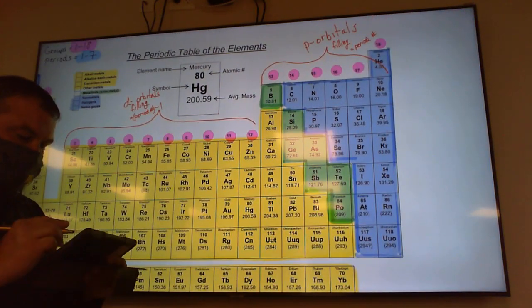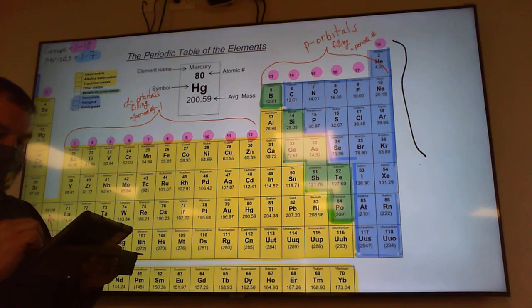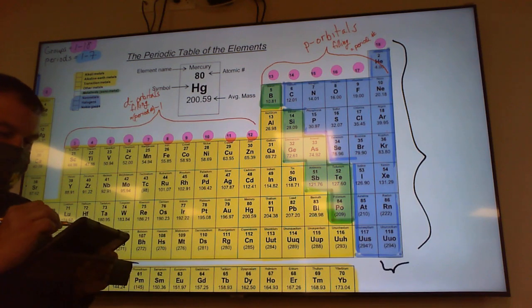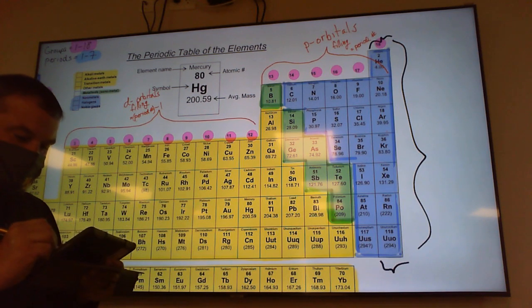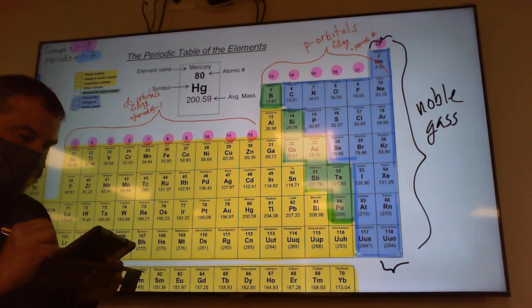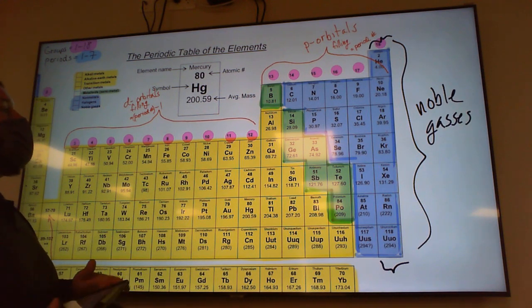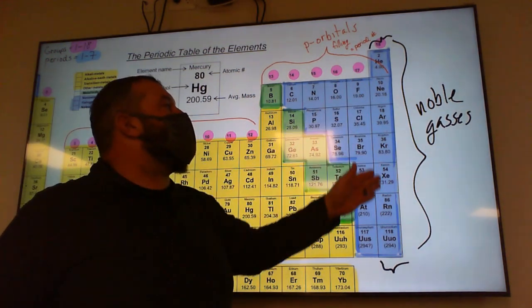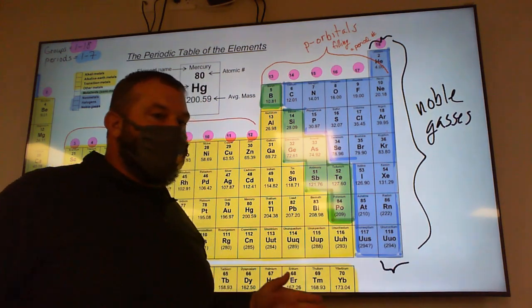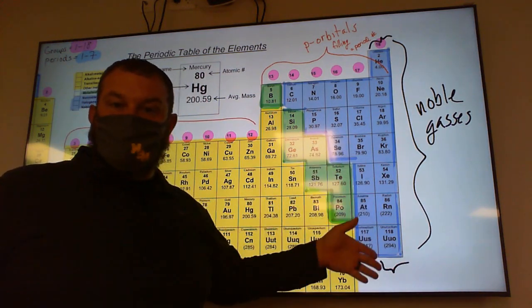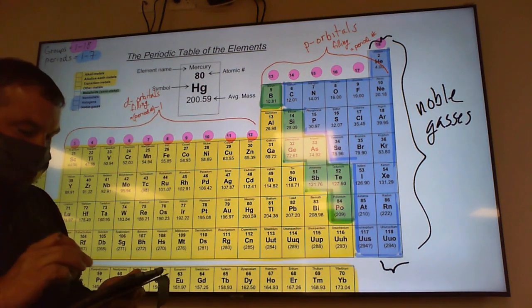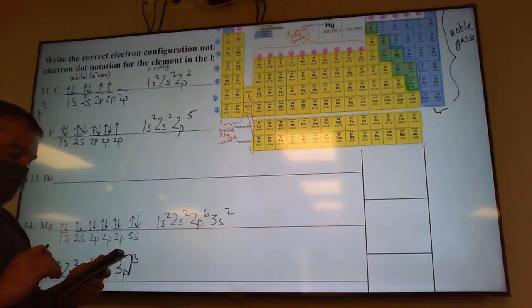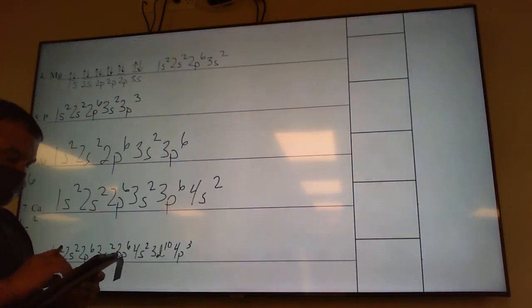These are your noble gases right here. When we do a noble gas configuration, we are going to use the noble gas to abbreviate how much we have to write out. To do that, you always use the previous noble gas.